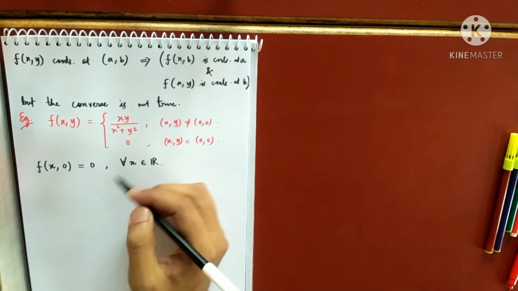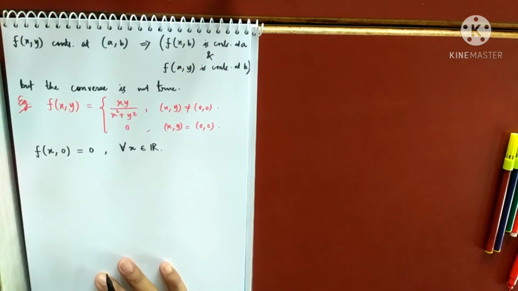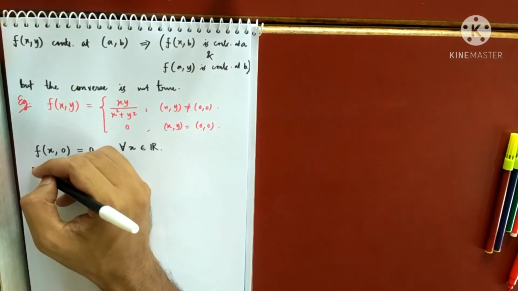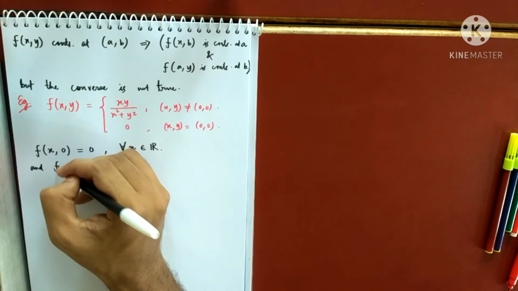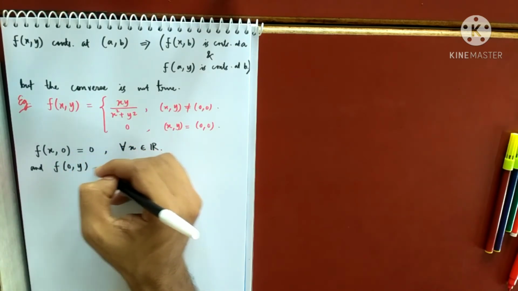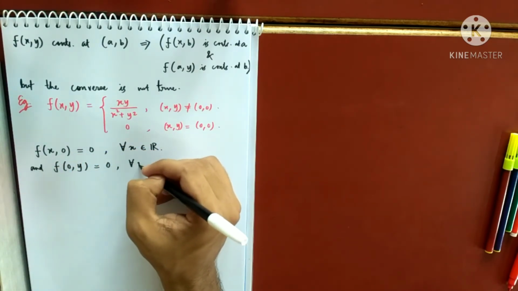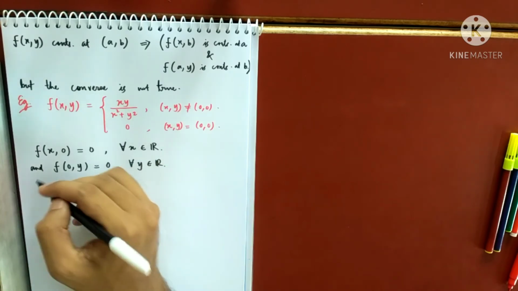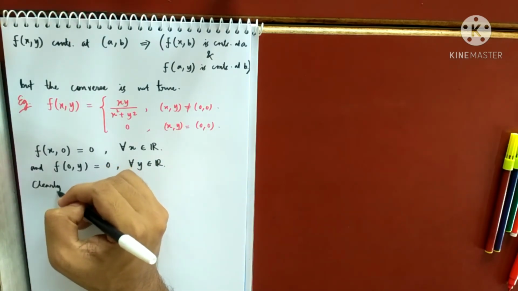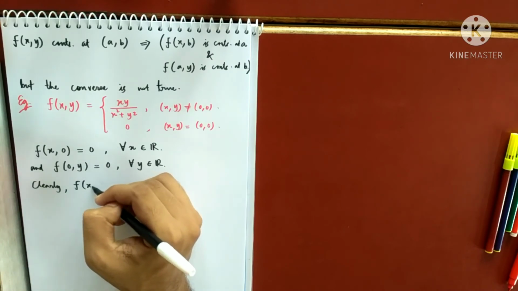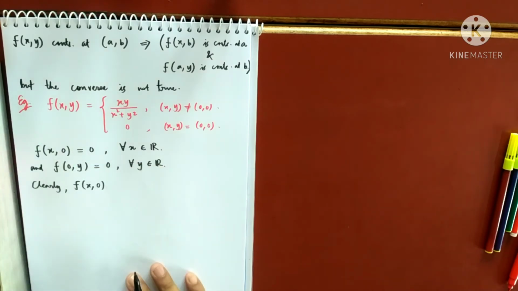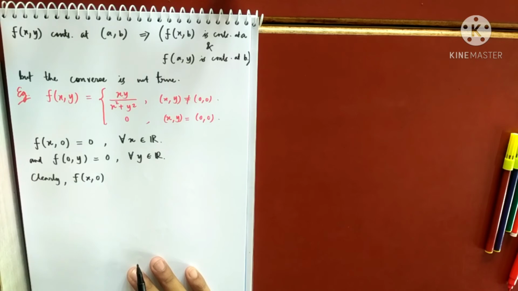Yes, sir. And this is clearly continuous at 0, this is continuous everywhere. Similarly, f of 0 comma y is also 0 for all y from R. Clearly, f of x comma 0, just use the definition of single variable continuity.